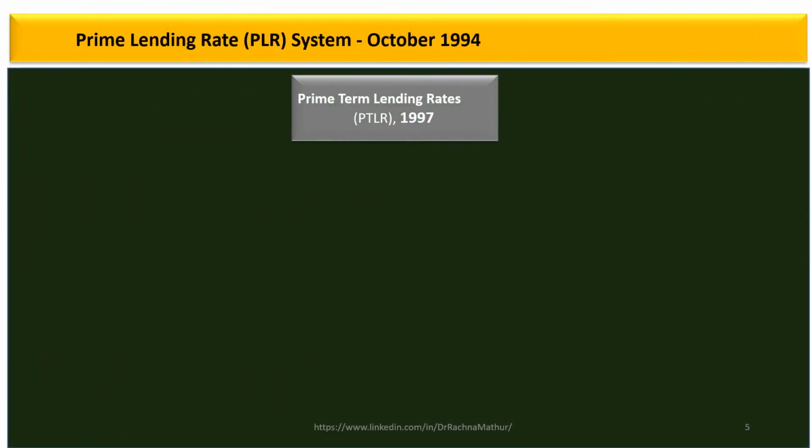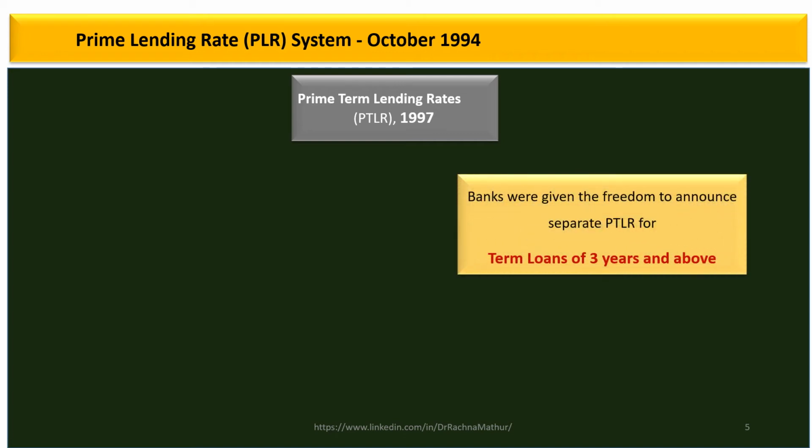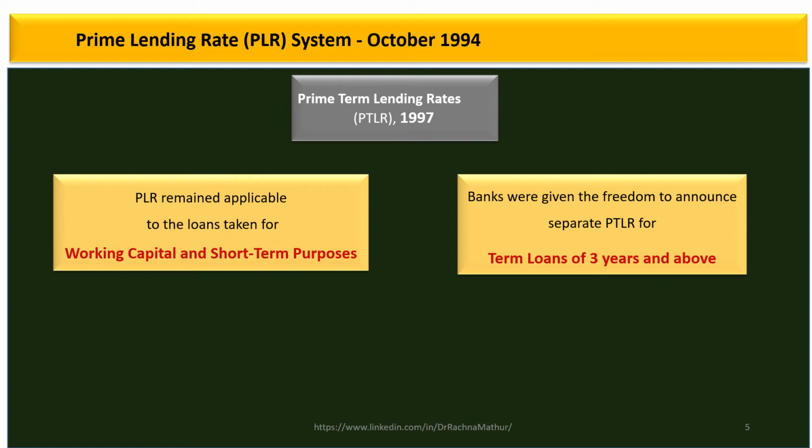In 1997, another important feature was added to the prime lending rate system, the prime term lending rate, where banks were given freedom to announce a separate prime term lending rate for term loans of 3 years and above, whereas the prime lending rate remained applicable to loans taken for short-term purposes.